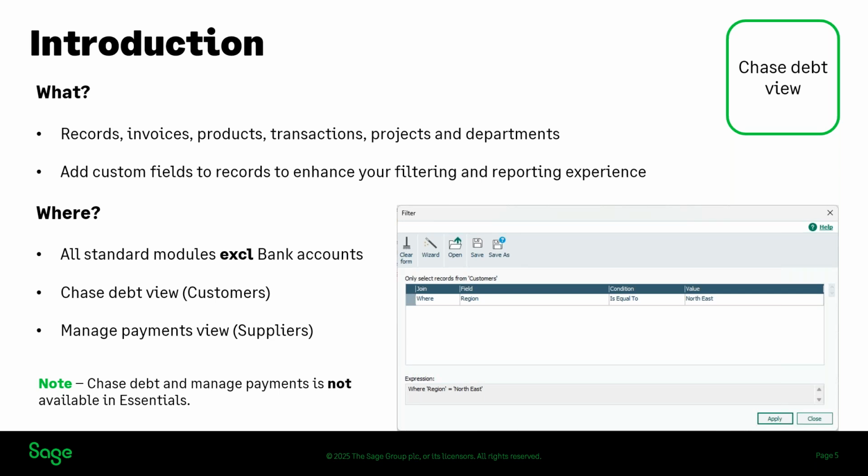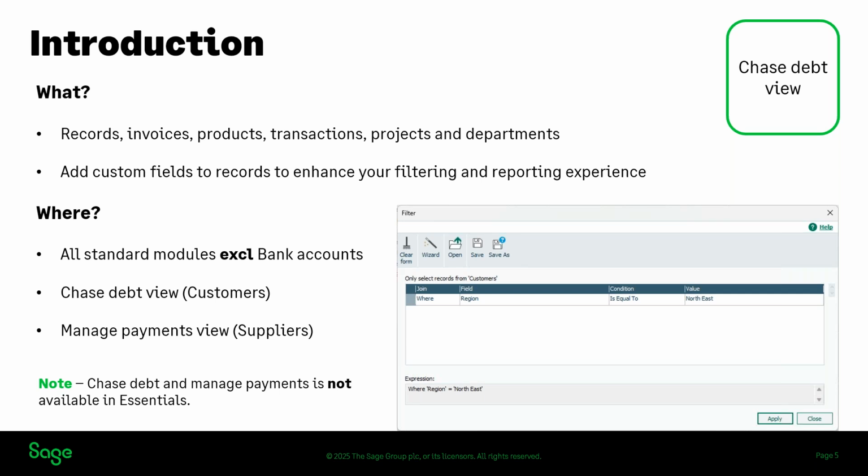So what can you filter? You can filter records, invoices and credits, products, transactions, projects, and departments. And if you haven't heard of it already, you've also got custom fields in the software as well. I'm going to show you shortly in that demonstration where you can find those custom fields.